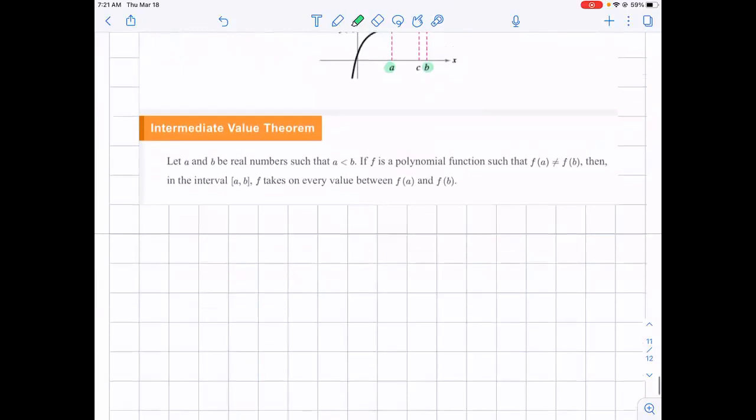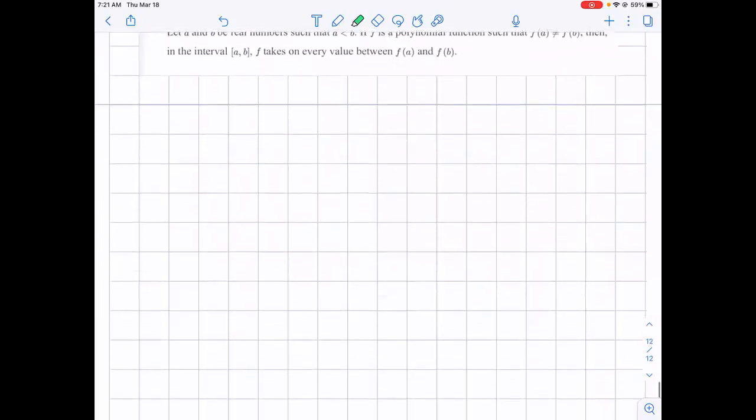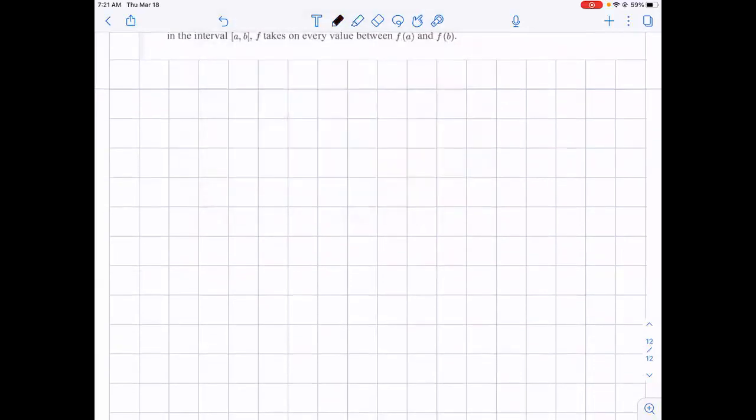So let's look at that using some numbers. We'll look at the cubic graph, where we know that 1 cubed is 1, and 2 cubed is 2 times 2 is 4, 4 times 2 is 8.